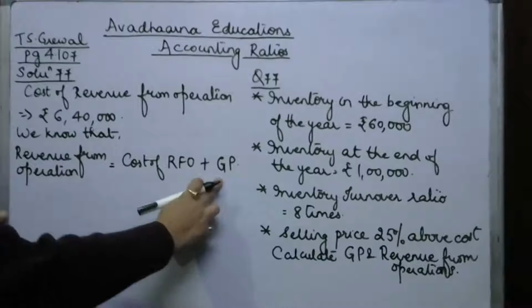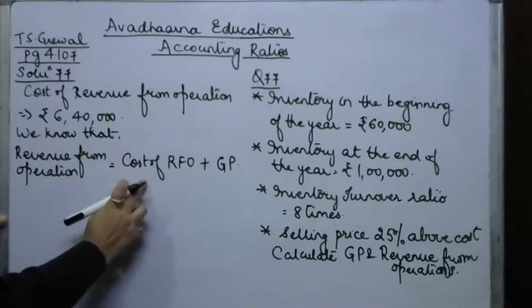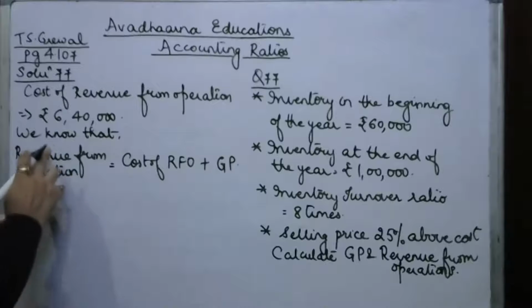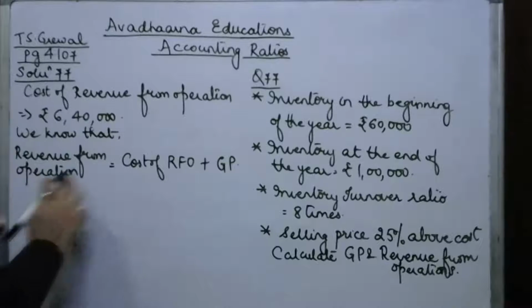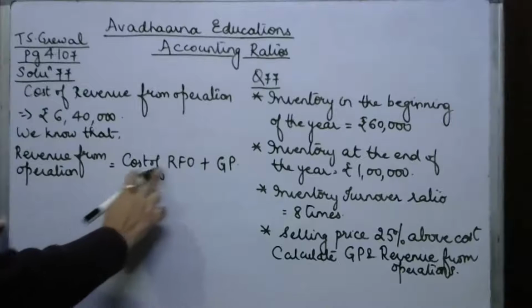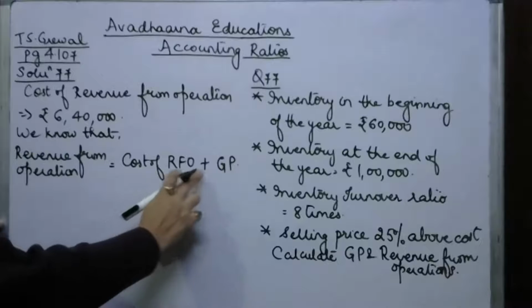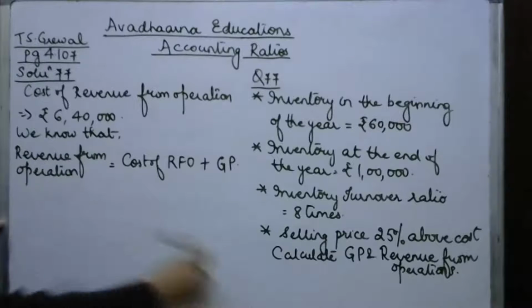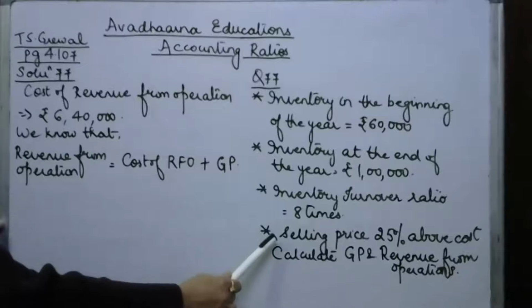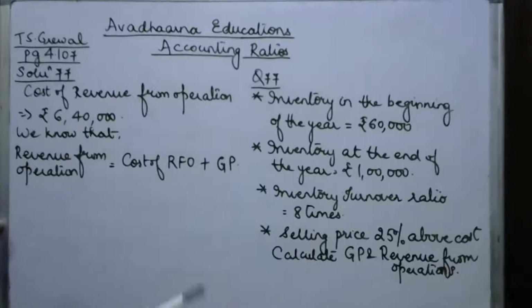We have already done this formula in class 11. If we add gross profit in the cost of goods sold, we get net sales. So in the context of a company, net sales is replaced by the term revenue from operation. Cost of goods sold is replaced by the term cost of revenue from operation. And then if in this cost of revenue from operation we add gross profit, we are going to get revenue from operations. Now we have to calculate revenue from operation, and the last information which is given to us is that selling price is 25% above cost.